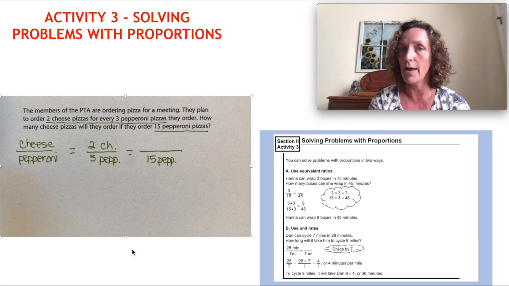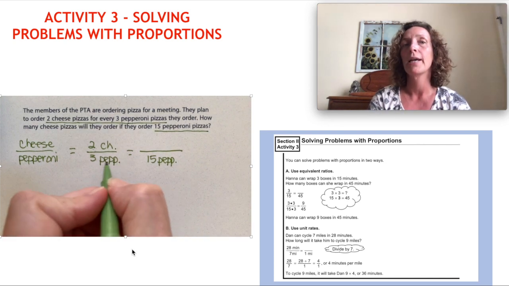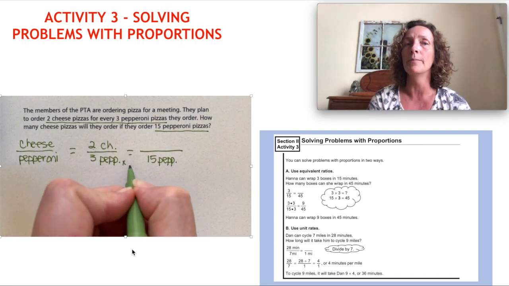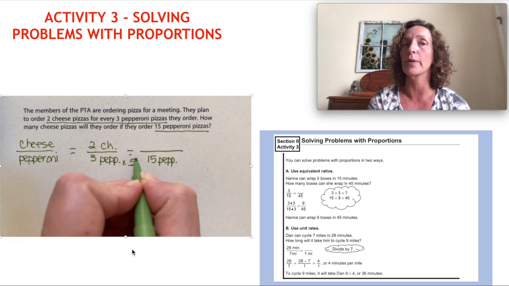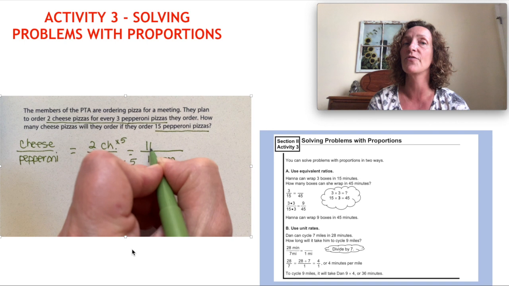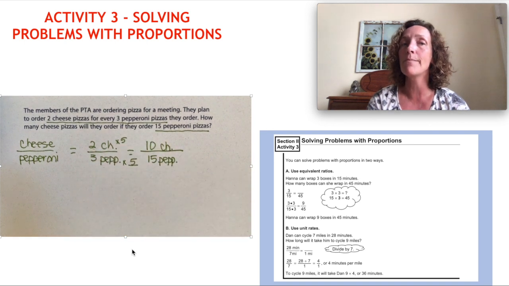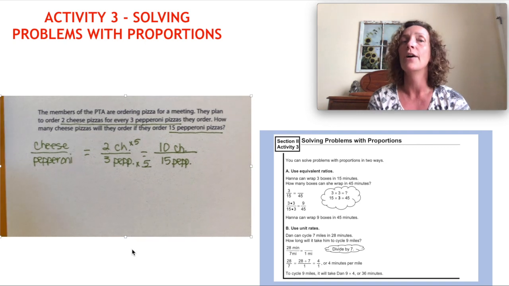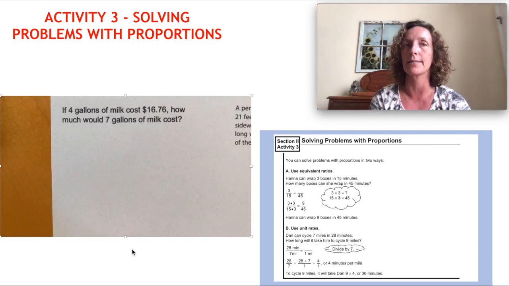So we want to know how many cheese pizzas we're going to order. So we make an equivalent ratio. 3 times what gives us 15? That's 5. 2 times 5 gives us 10. That means that we will order 10 cheese pizzas for the 15 pepperoni pizzas.